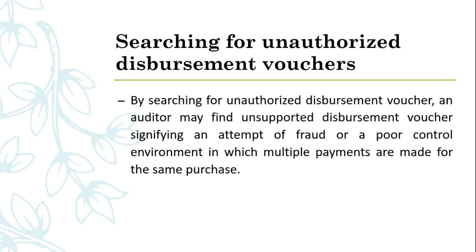Next is to search for unauthorized disbursement vouchers. By searching for unauthorized disbursement vouchers, an auditor may find unsupported disbursement vouchers signifying an attempt of fraud or a poor control environment in which multiple payments are made for the same purchase.